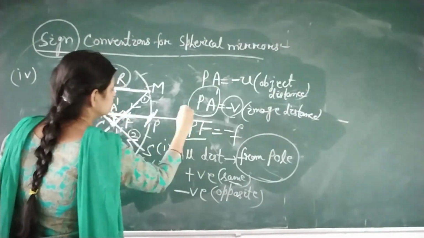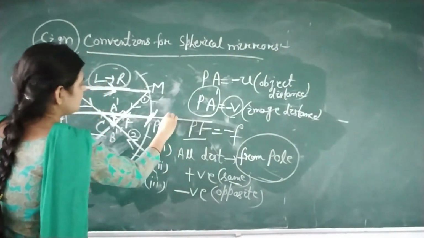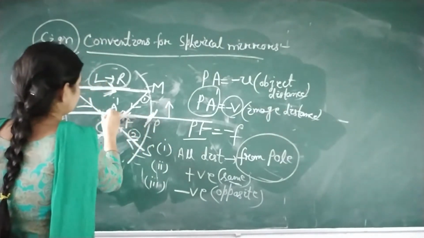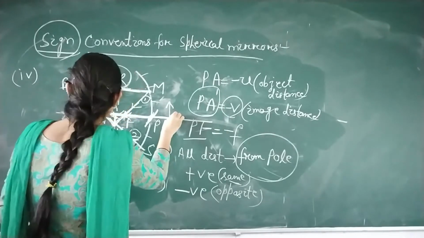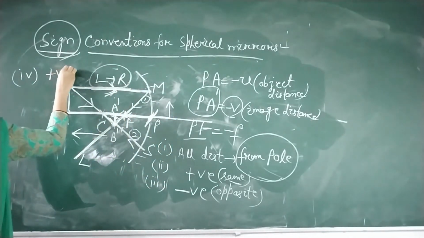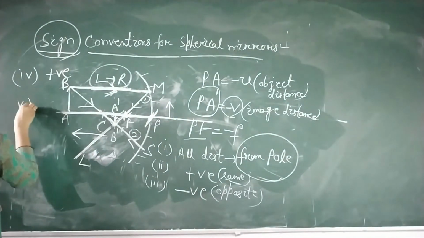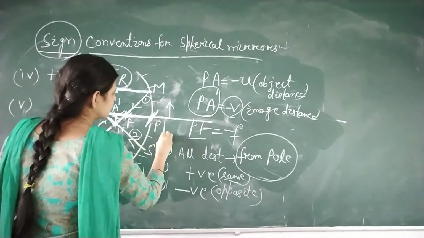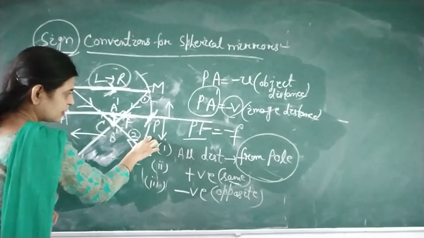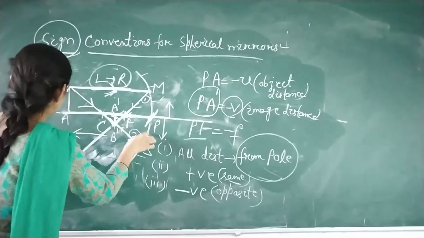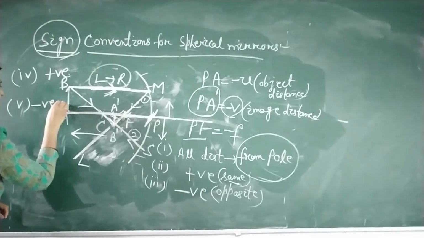Fourth point, the height of the image measured above the principal axis and perpendicular to it will be positive. Fifth, the height of the image below the principal axis and perpendicular to it will be considered negative.